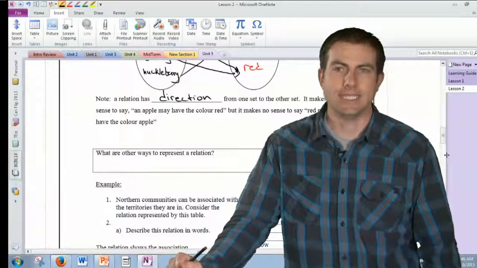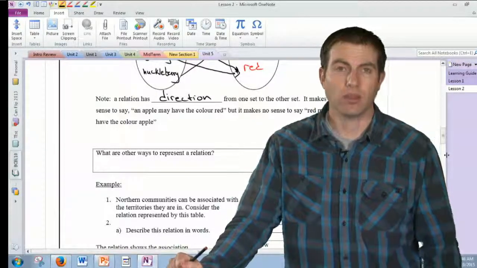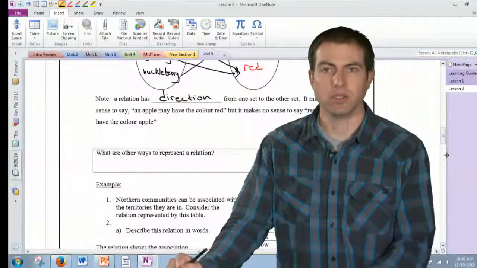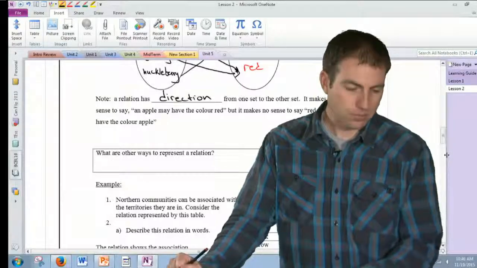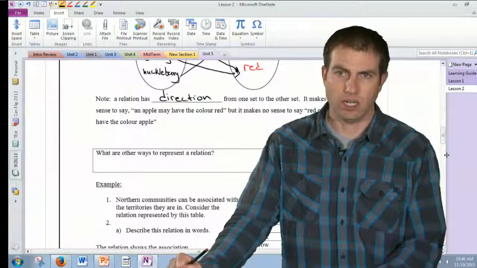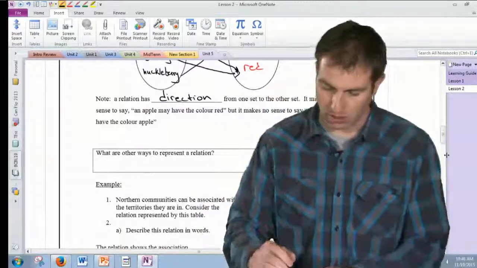Any ideas? What did you guys do a lot with ordered pairs last year? You said you'd seen those before. What did you generally speaking do with those? A Venn diagram, a graph, by writing out words. Let's go with all those.